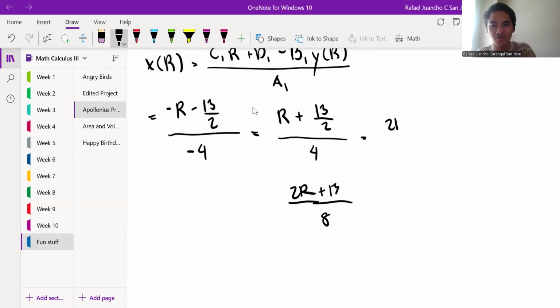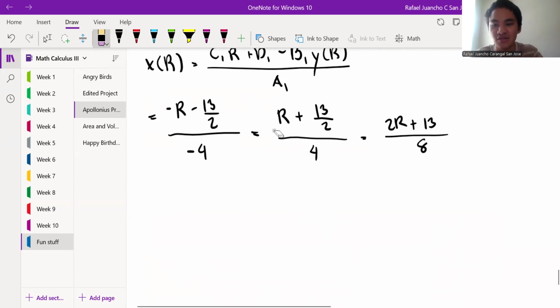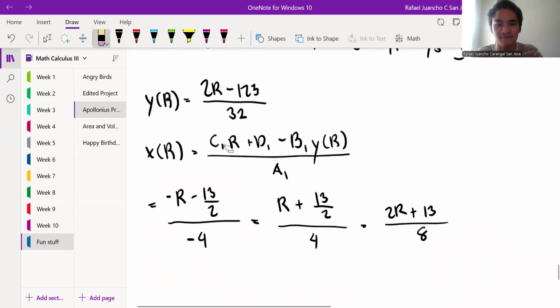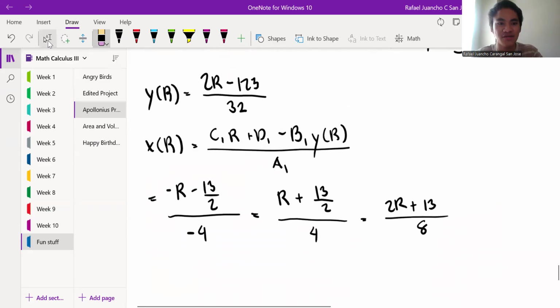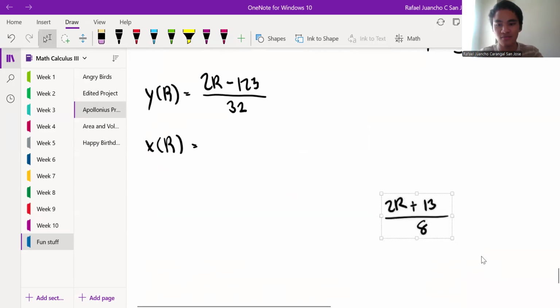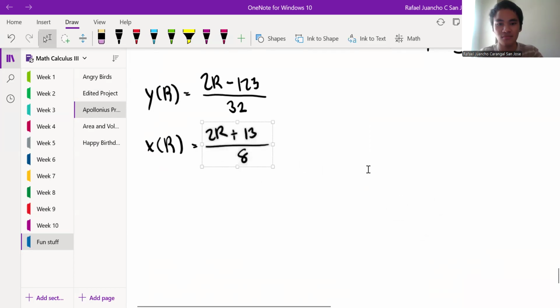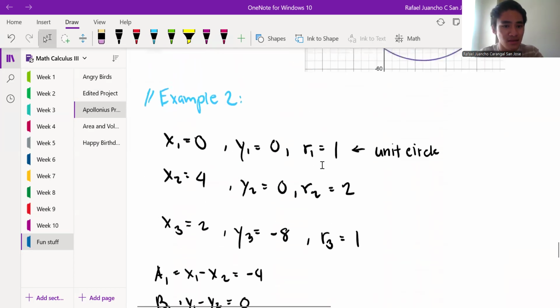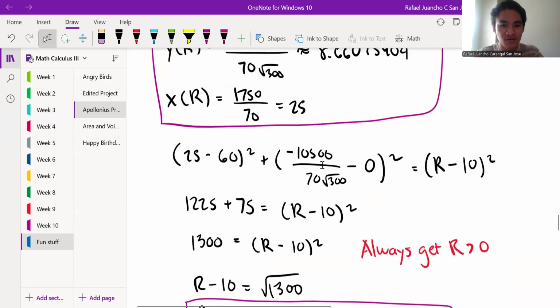So this is 2R plus 13 over 8, right? And now from there, I can actually completely solve for R. Because now I have one thing, right? Now I can solve for R.